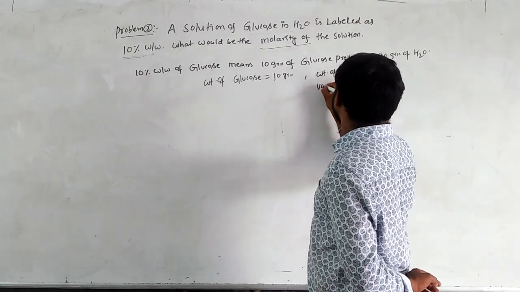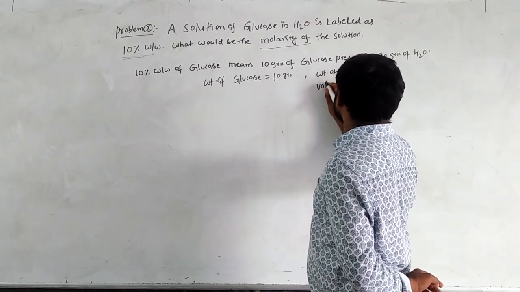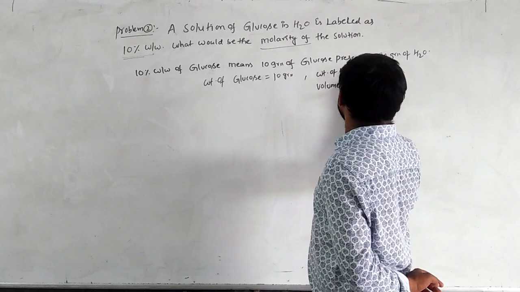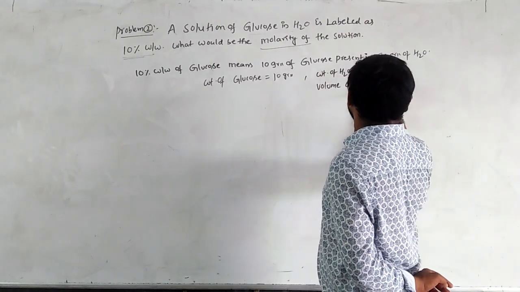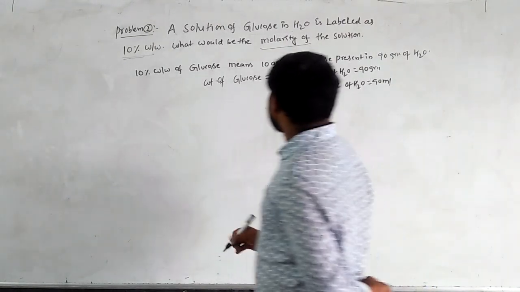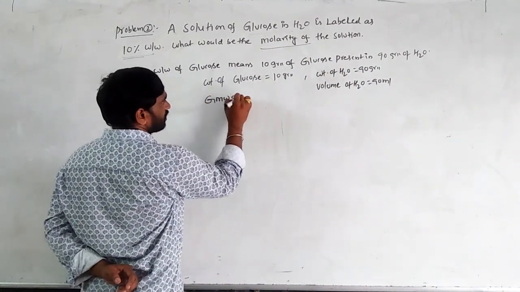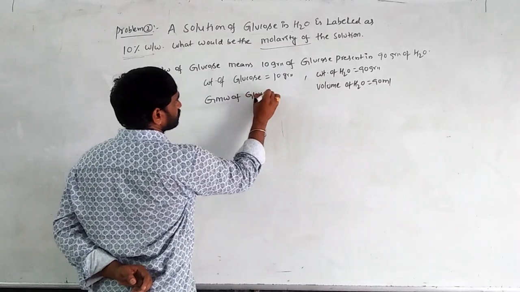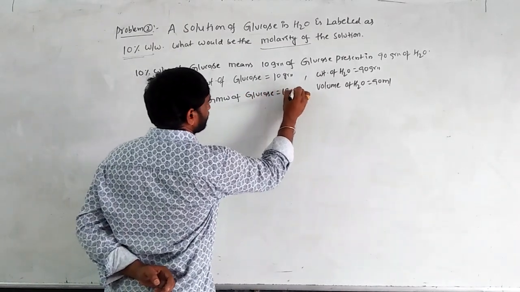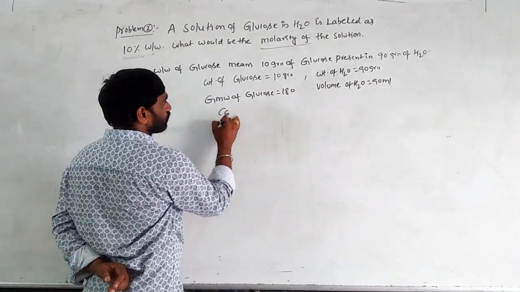That means the volume of H2O equals 90 ml. The gram molecular weight of glucose equals 180. What is the molecular formula of glucose?